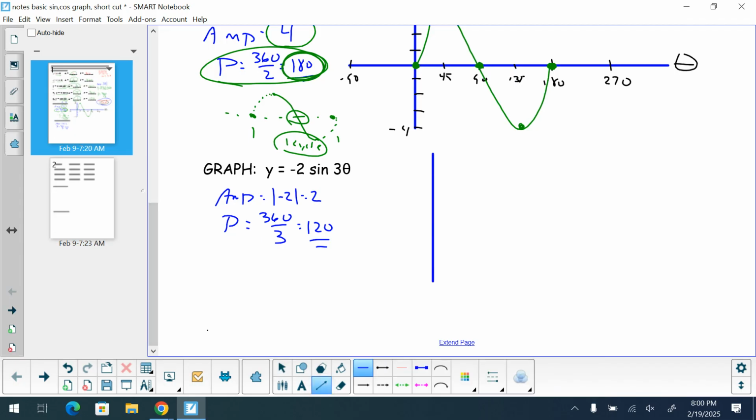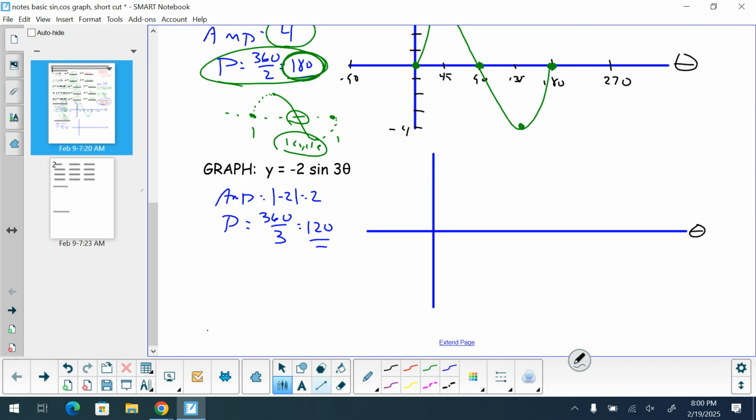We look at our graph. We have theta, we have y. I'm going to count out by 30s here because the period is not very big. So we have 30, 60, 90, 120, 150, 180. My amplitude is 2, so I need to max out at a value of 2.